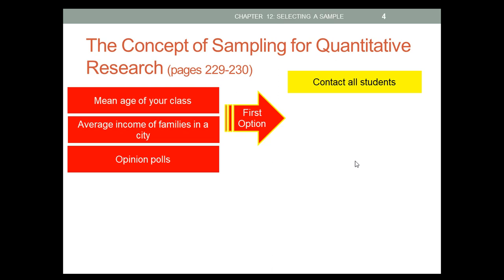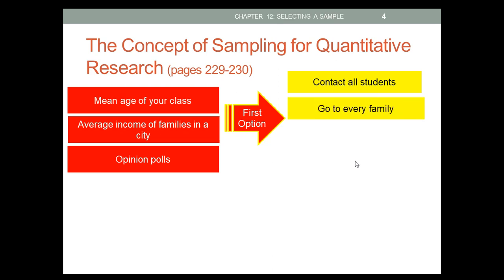You ask everyone, you add up all ages, you arrive at the total sum of ages, and you divide the total sum by the number of classmates, in this case 30. And then you can get the answer to your question, the average of your class. That's the first option. You contact all classmates, all students.